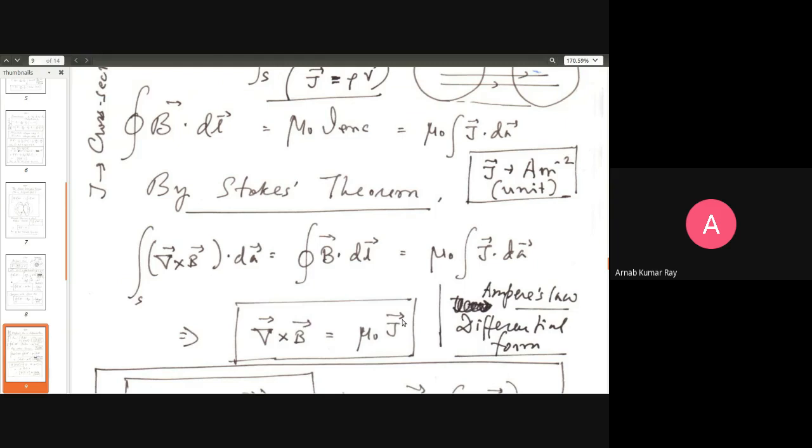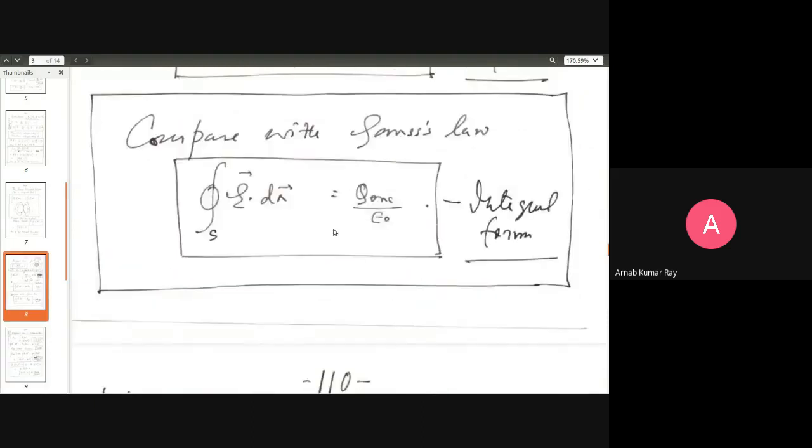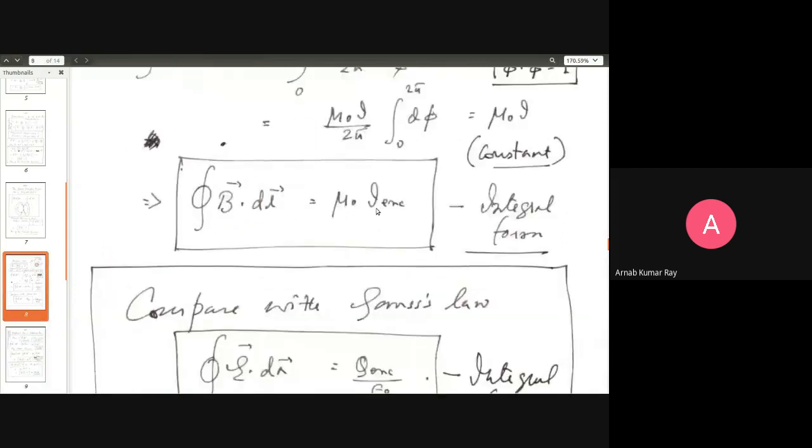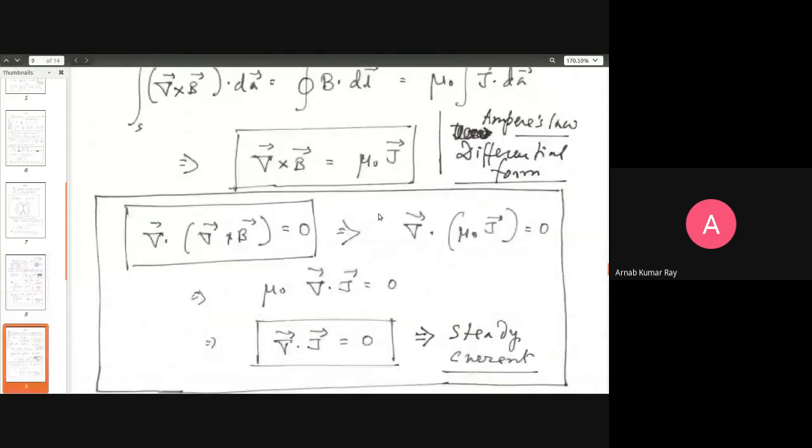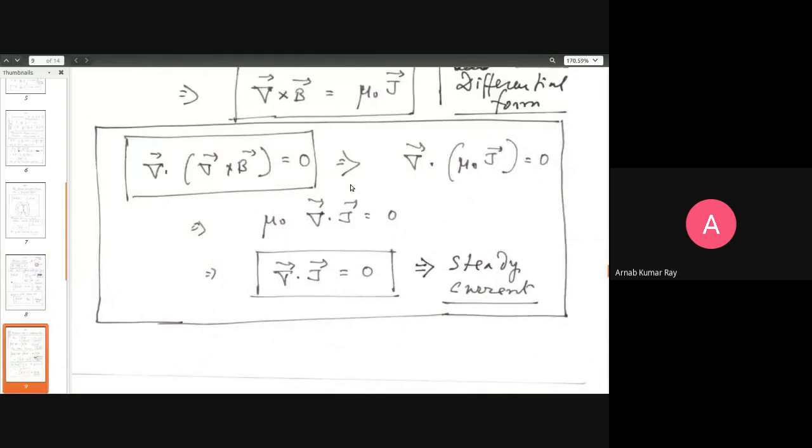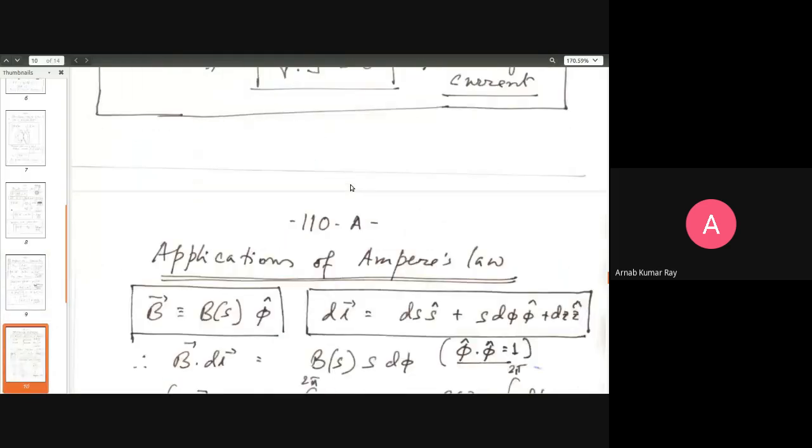Now by Ampere's rule, we have been able to find curl of B is equal to mu naught into J. We shall interchangeably use these two formulae, either the integral form or the differential form. It is often easier to use the integral form rather than the differential form.